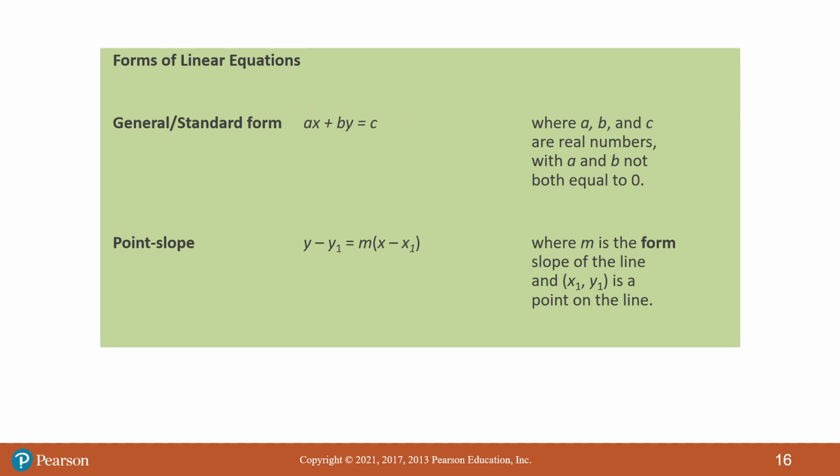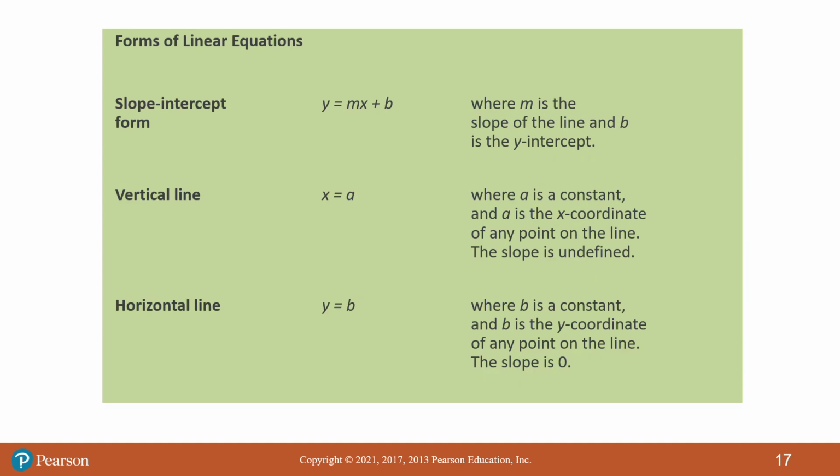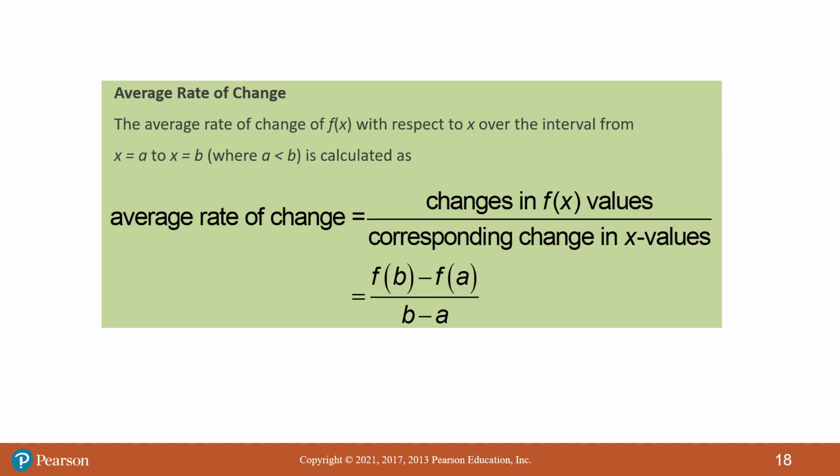Okay, so all the forms we have so far: the general or standard form, which is ax plus by equals c; the point-slope form, where you have y minus y1 equals m times x minus x1; the slope-intercept form, which is y equals mx plus b; the vertical line, which is x equals a; and the horizontal line, which is y equals b.